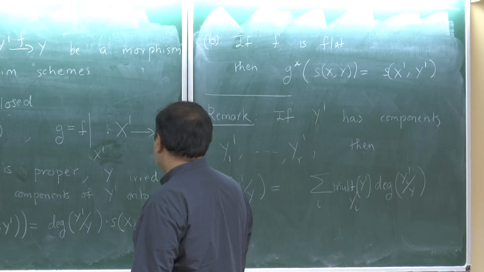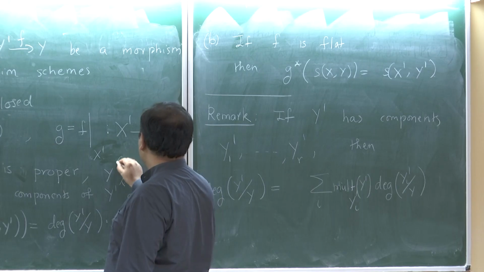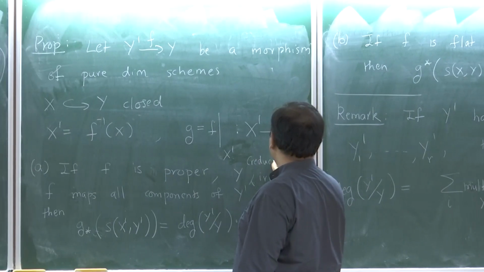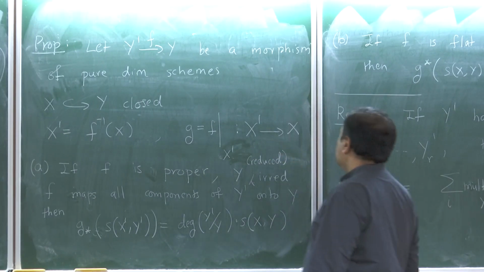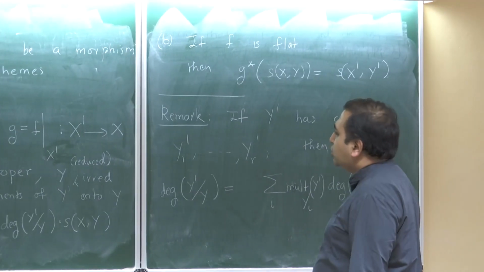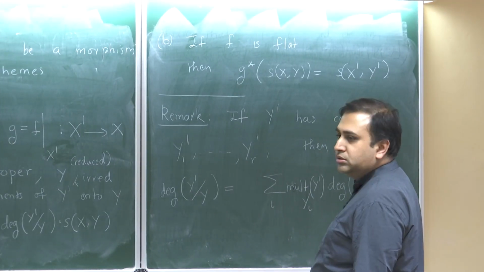Maybe we'll just take Y to be reduced for now. We'll see if we need it. At least in the book this is not part of the hypothesis, but maybe it is necessary.